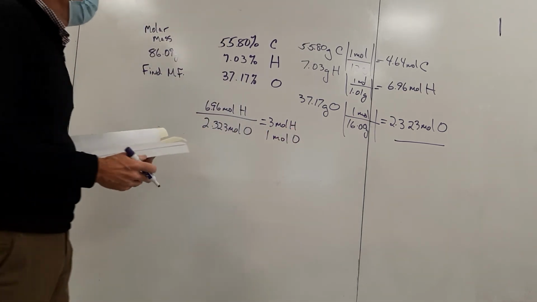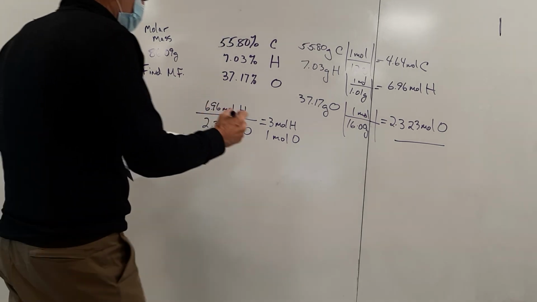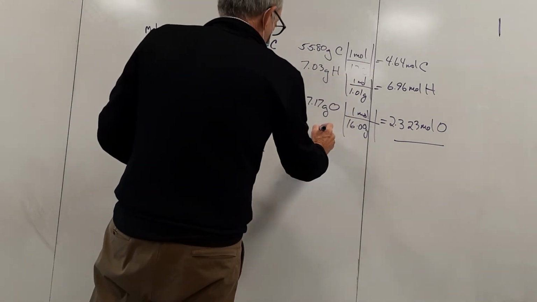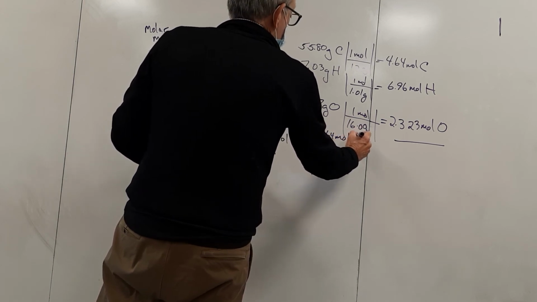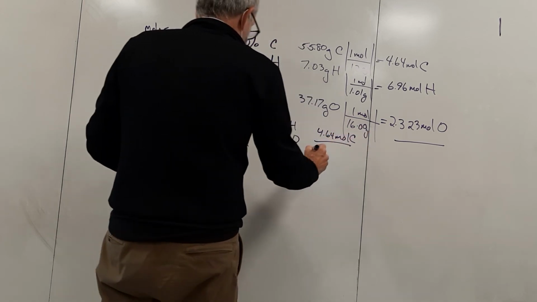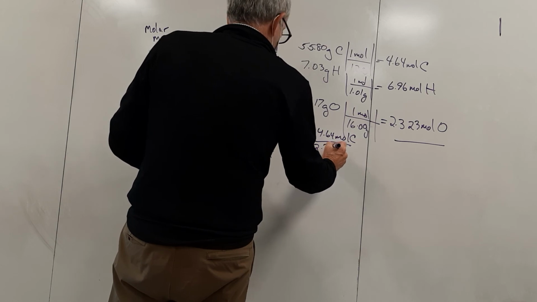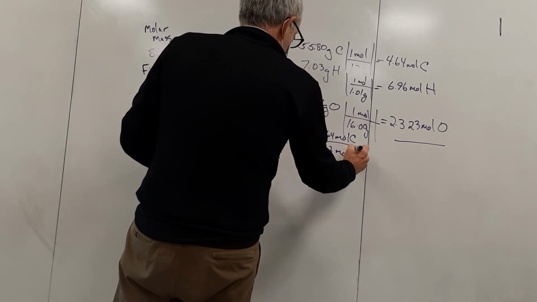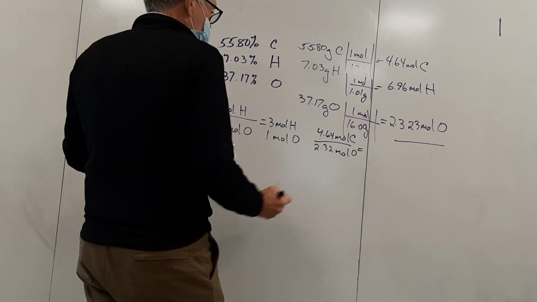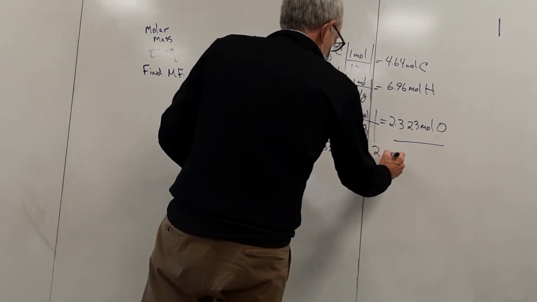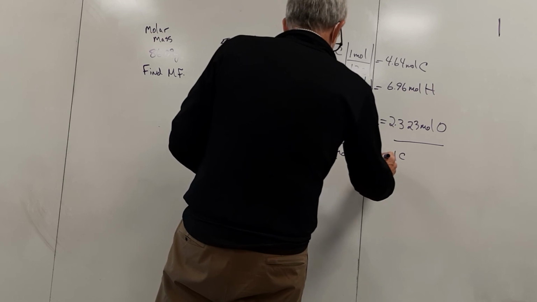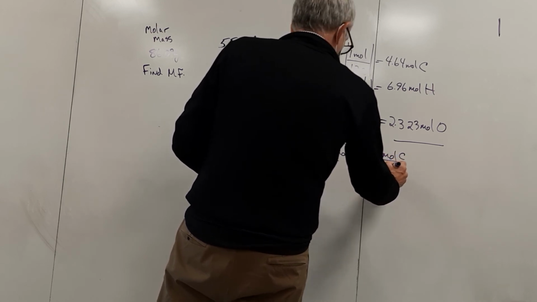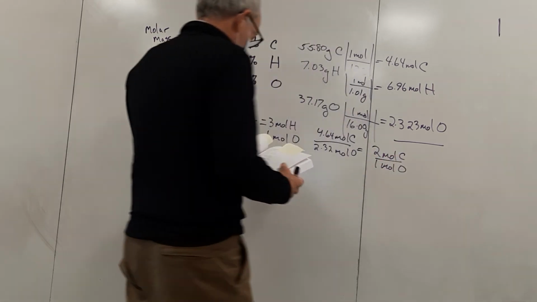I'm going to do the same thing now for carbon, which is 4.64 moles of carbon divided by 2.32 moles of oxygen, which gives me 2 moles of carbon for every 1 mole of oxygen.